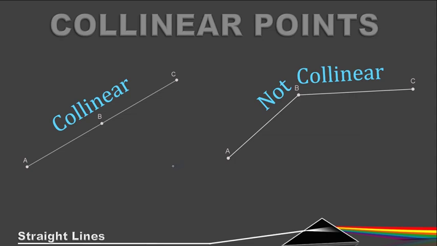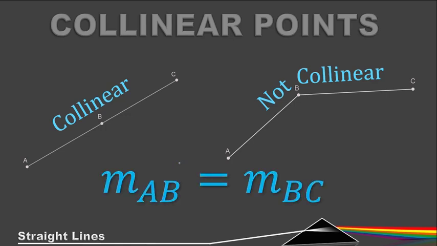And now, how do we know if 3 points are collinear? There's a simple test that we can do. When 3 points are collinear, the gradient of the line AB should be equal to the gradient of the line BC, whereas in this case over here, the gradient of AB will not be equal to the gradient of BC.